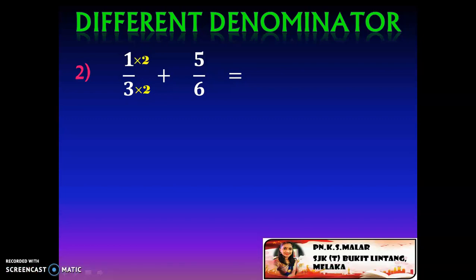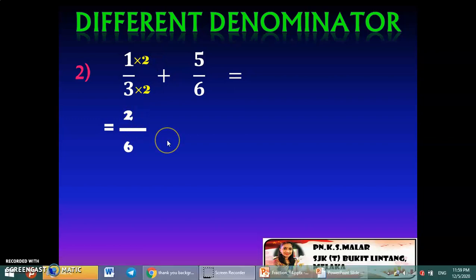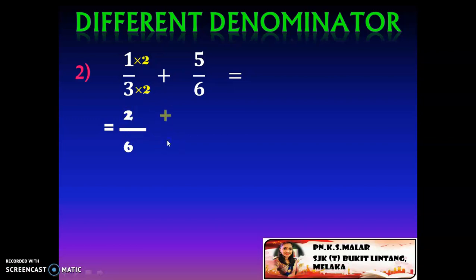So now, 3 times 2 is equal to 6. Then 1 times 2 is equal to 2. Then write the plus. Students, this 5 over 6, we never make any changes. So we just drop the 5 over 6 down.